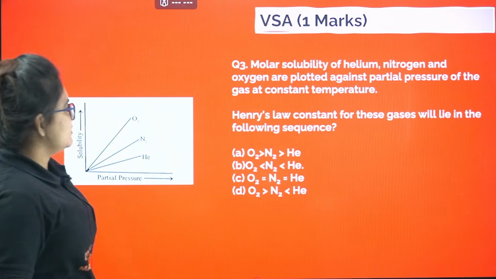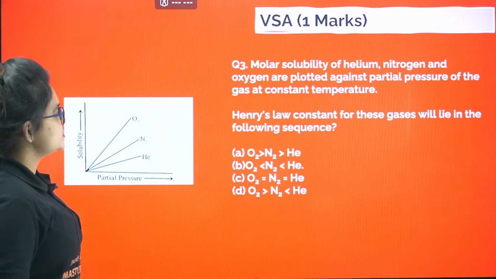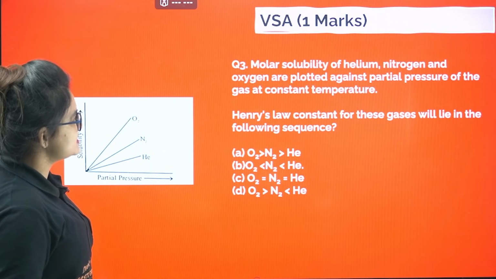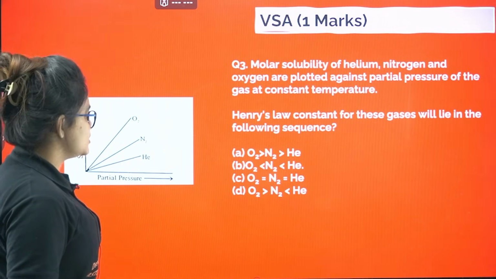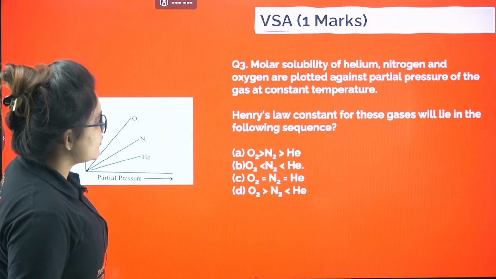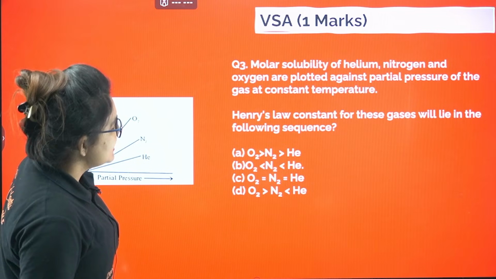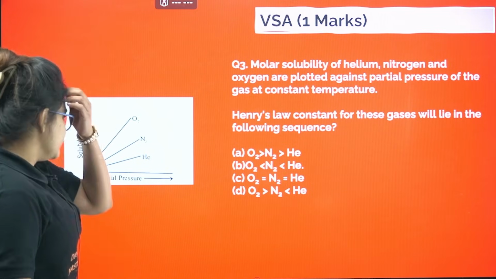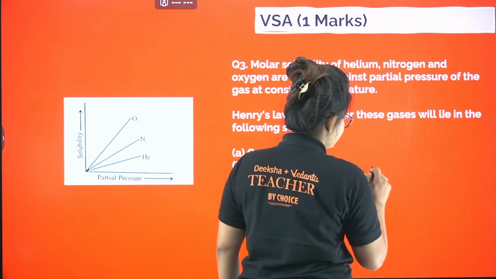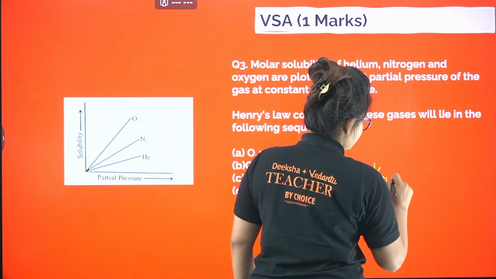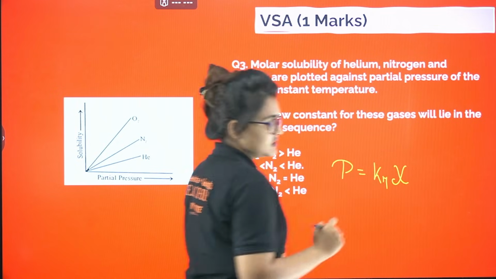Next, here you can see molar solubility of helium, nitrogen and oxygen are plotted against partial pressure of the gas at constant temperature. Henry's law constant for these gases will lie in the following sequence. If you just remember Henry's law, that is P, partial pressure, equals kH into mole fraction, right?